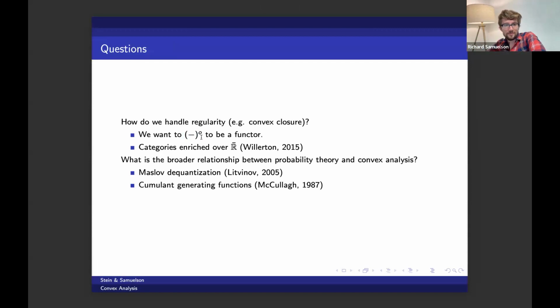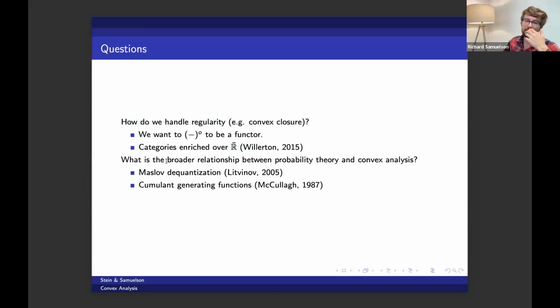One promising looking direction is from a paper by Willerton, 2015, which thinks about convex functions as existing in a category enriched over the extended reals. So that's one direction that we want to extend into. And the other is, of course, to figure out why there is this weird correspondence between this little section of probability theory involving Gaussians and convex analysis.